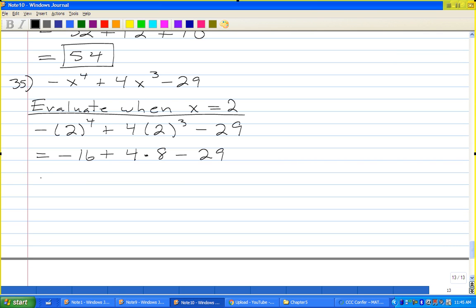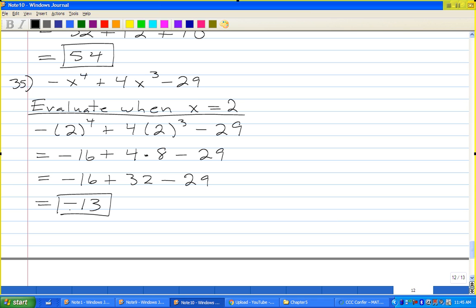So I have here negative 16 plus 32 minus 29, which is negative 16 plus 32 is 16, minus 29 is negative 13.